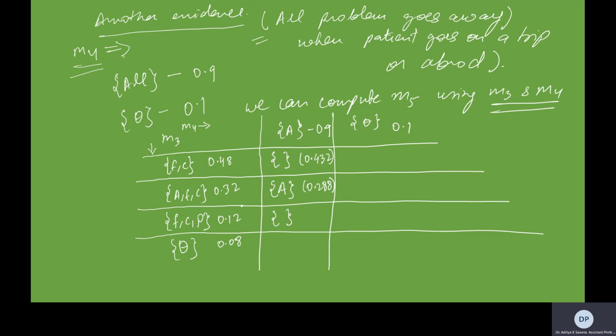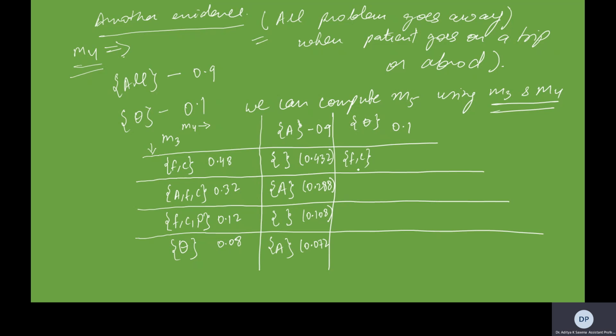But you still have to multiply the beliefs. 0.12 into 0.9 is 0.108. Okay. Theta and A, we will have A only. What is 0.08 into 0.9? It will be 0.072.